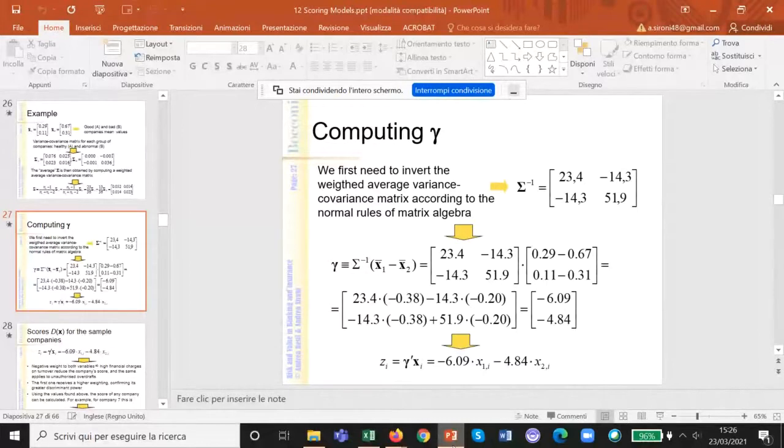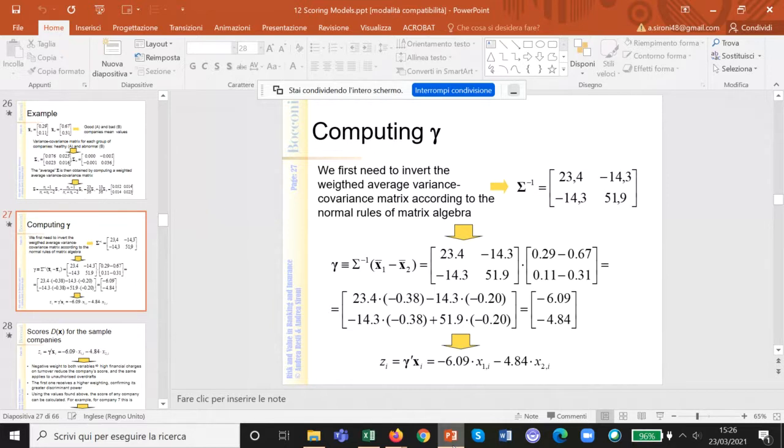As you can see, both of these weights are negative. And the reason being that both these variables tend to have lower values for better companies. Therefore, the weights, the coefficients, are negative, okay?